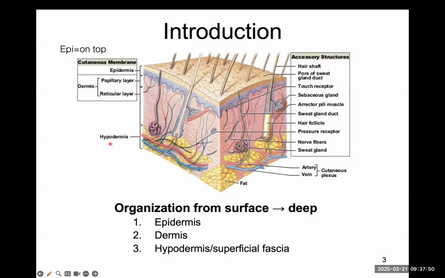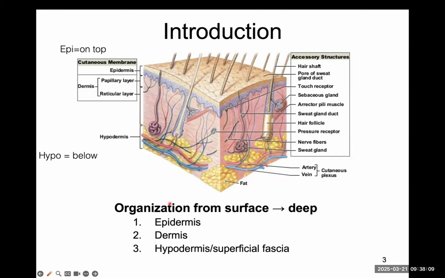So the word hypo stands for below. It's something that's below the dermis. So epi stands for above, hypo means below.